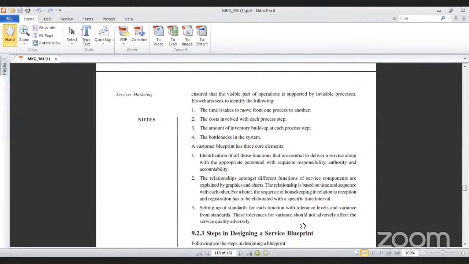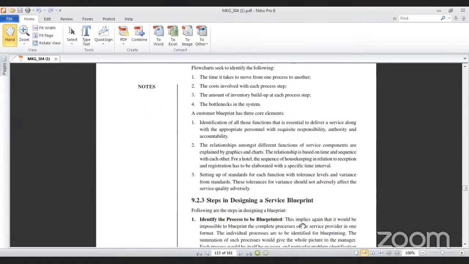The relationship is based on time and sequence with each other. For a hotel, the sequence of housekeeping in relation to reception and registration has to be elaborated with a specific time interval. Third, setting up of standards for each function with tolerance levels and variance from standards.